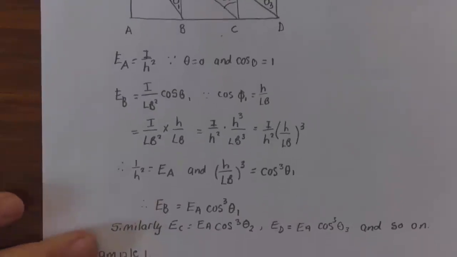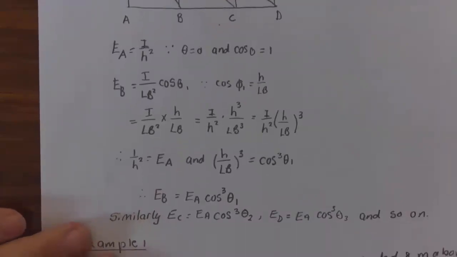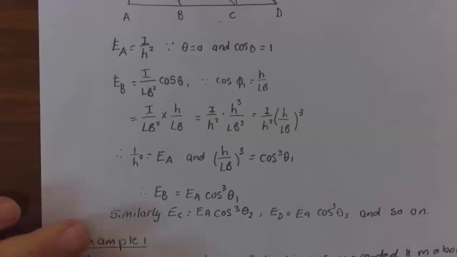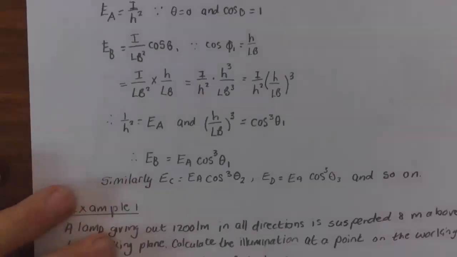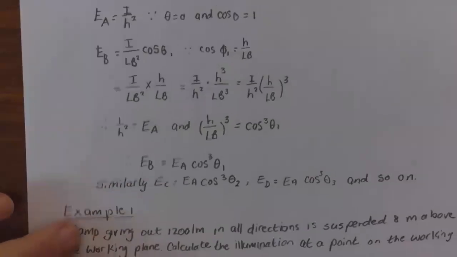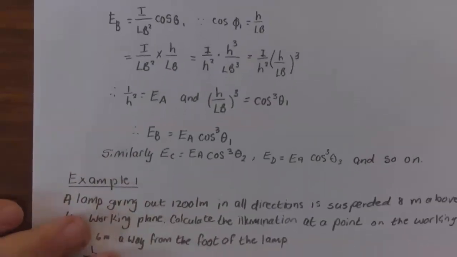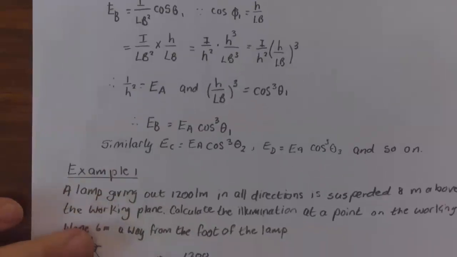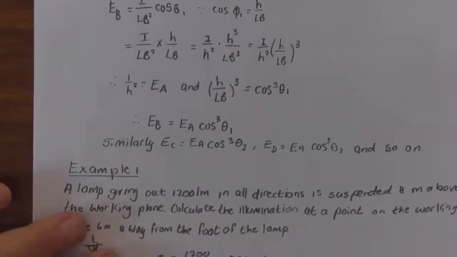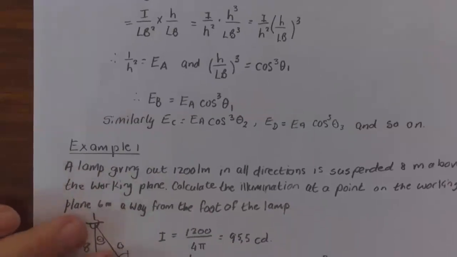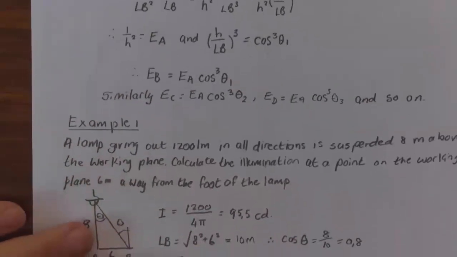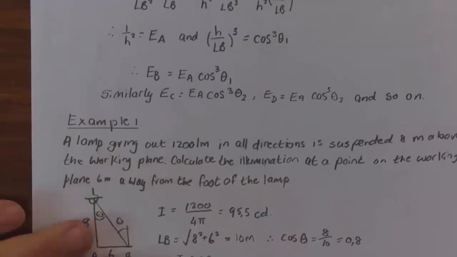That gives us I over h squared times h cubed over LB cubed. And therefore 1 over h squared is EA, and h over LB cubed is cos theta to the third power, and therefore EB can be said to be EA cos cubed theta 1.